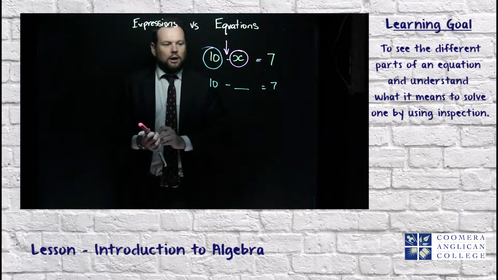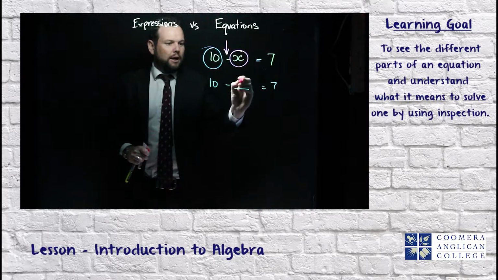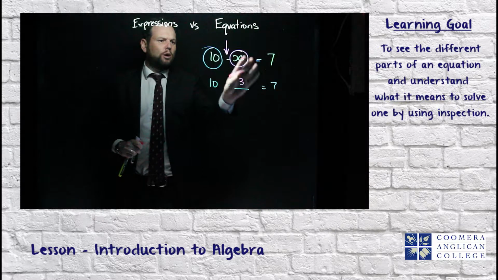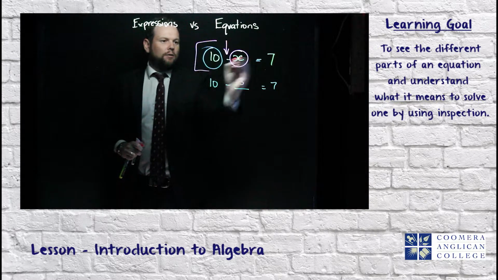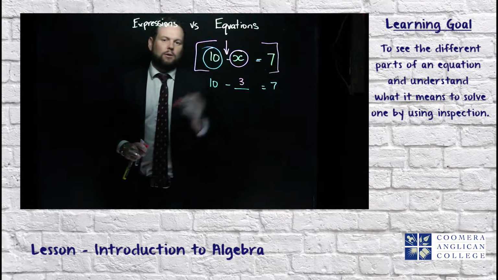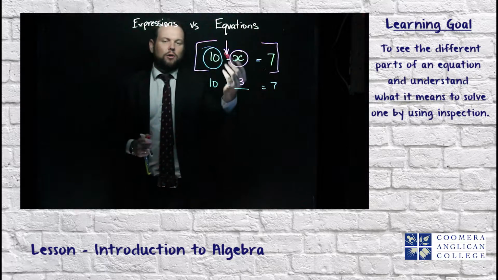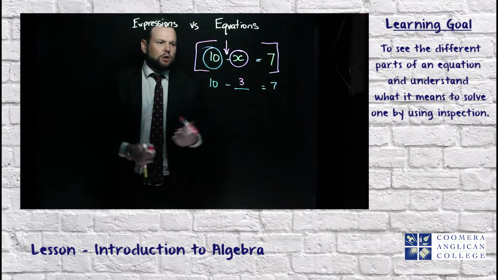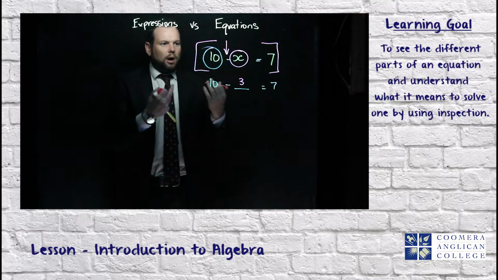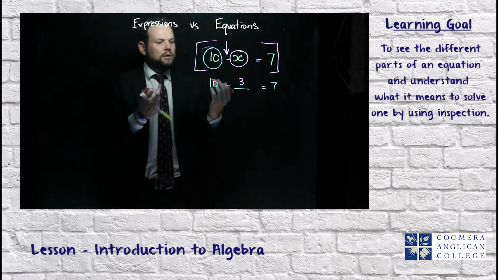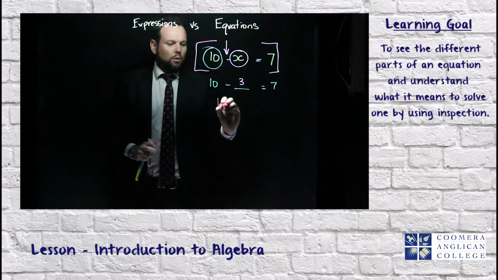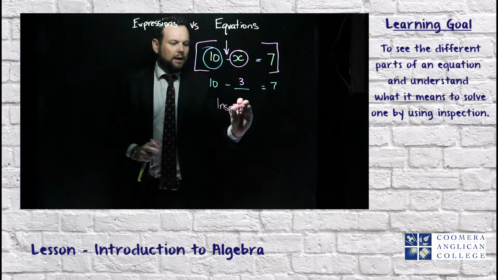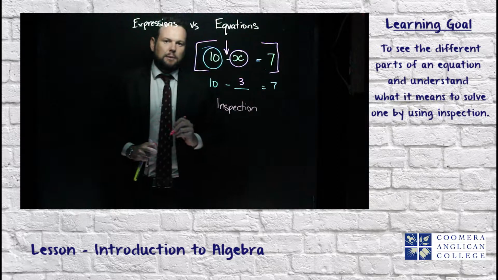You would know that the answer is 3. So when I have 10 take away x equaling 7, we know that x equals 3. When we solve an equation just by looking at it and investigating it, we call it solving by inspection. So we just solved that equation by inspection.